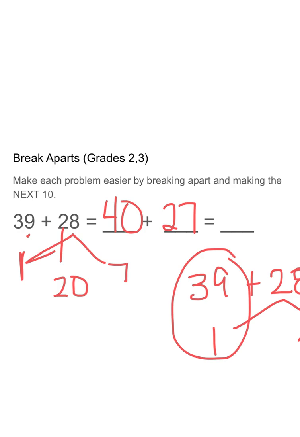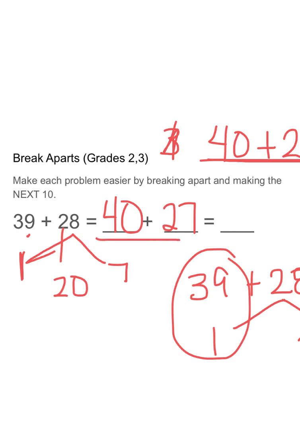Now, at the beginning of the school year, as a second grade teacher, I always make the kids write this as 40 plus 20 plus 7, because for a while we have to practice adding 40 plus 20 equals 60 plus 7. But after a few weeks or months, depending on your kids, they can pause at 40 plus 20 and then add the rest of it and get 67.